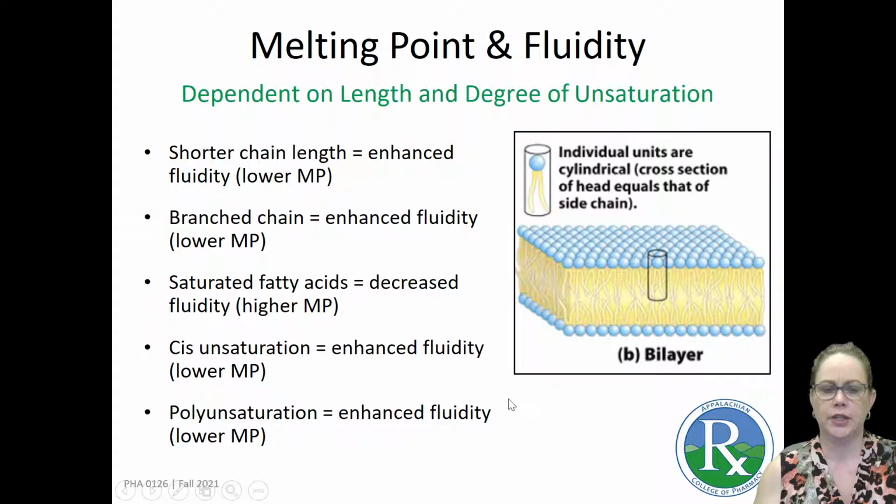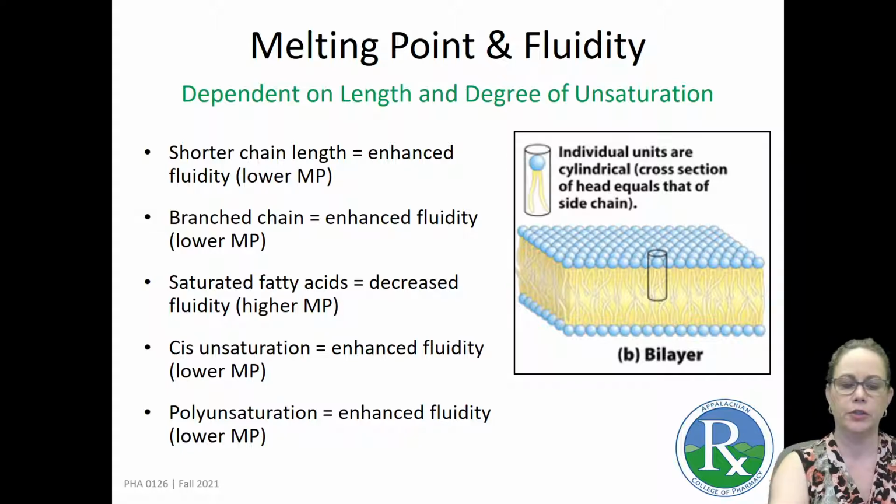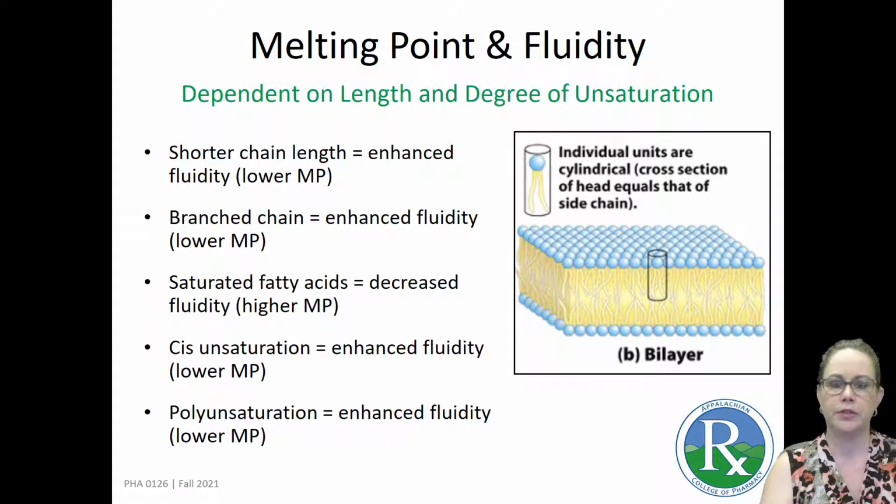So we'll take a look at some of the other factors that can alter our melting point and membrane fluidity. Again, those two properties are going to be inversely related to one another. Having a shorter chain length is going to result in a lower melting point or an increased membrane fluidity.